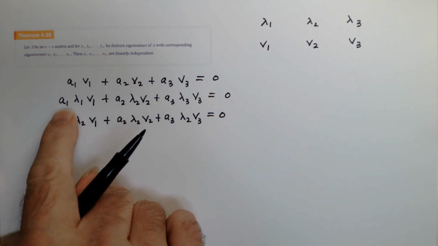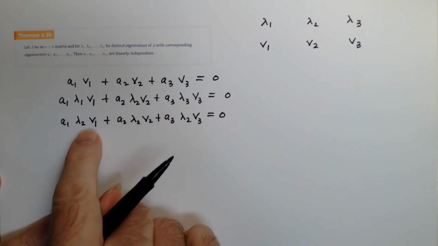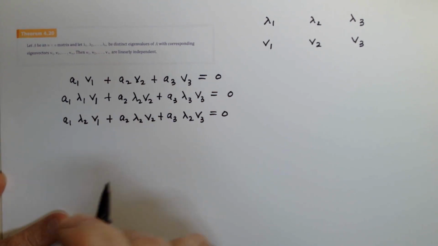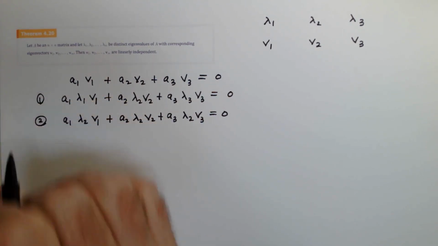So this is the result of applying A to both sides, and this is the result of multiplying both sides, in this case, by lambda 2. Now, this gives us a pair of equations. Let's call this one equation 1 and this one equation 2.